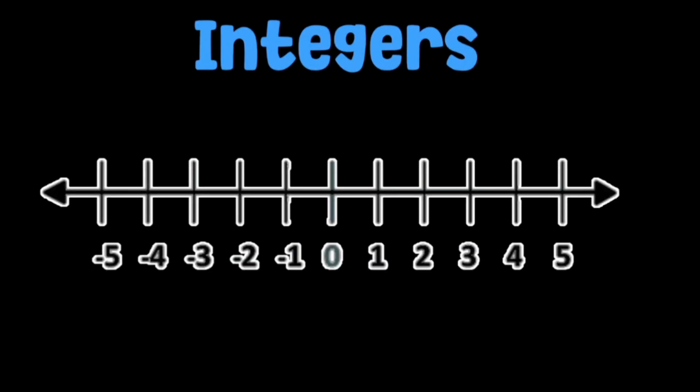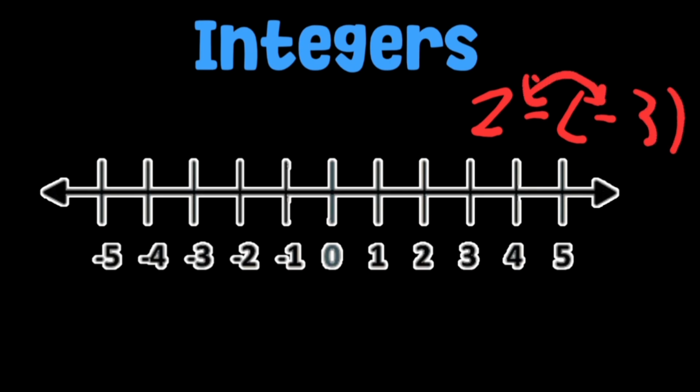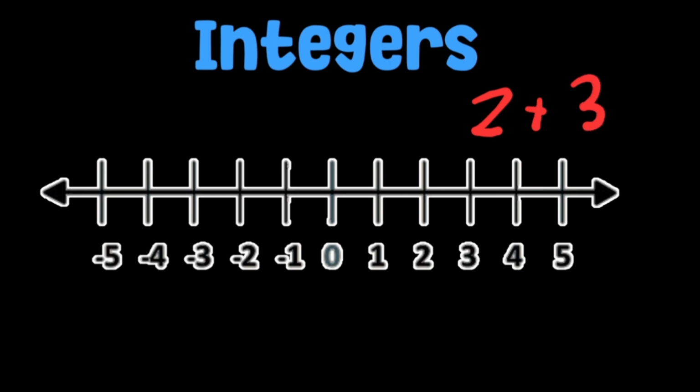So in this case, subtracting a negative will be like moving forward on this number line. Let's just take, for instance, 2 minus -3. When we have both signs being the same, like negative and negative equals positive, according to the law of the signs, we would basically have 2 plus 3, which is equal to 5.